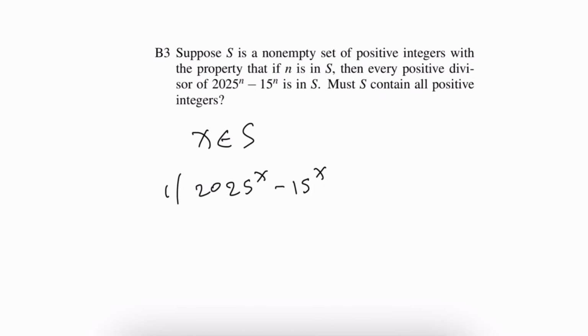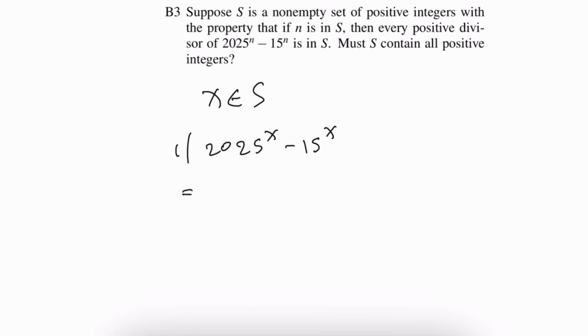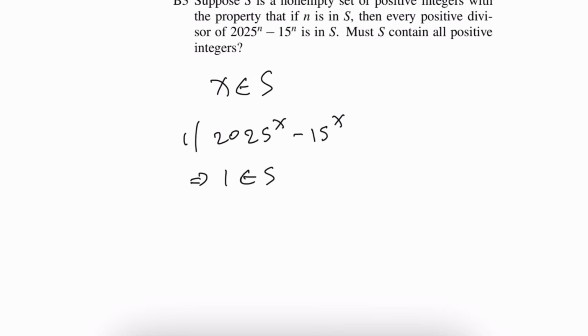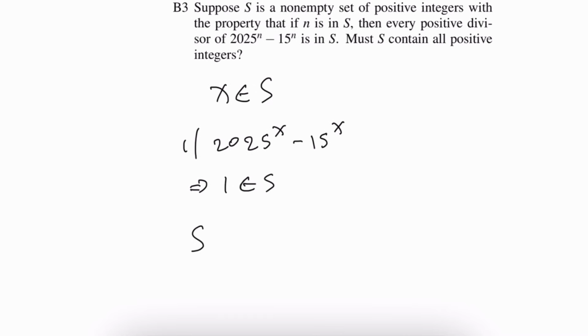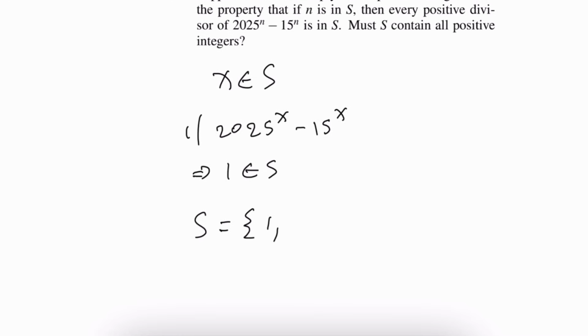Because 1 divides everything. So that implies 1 is in S. So in fact, it makes sense to say that the worst case that we can start with is if we start with just 1 in the set S, right?